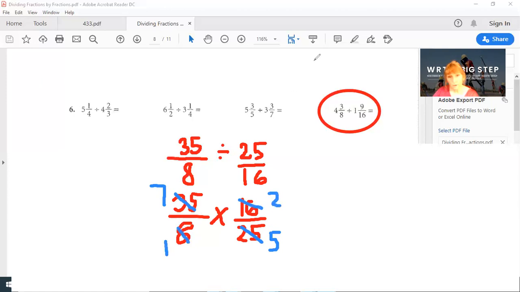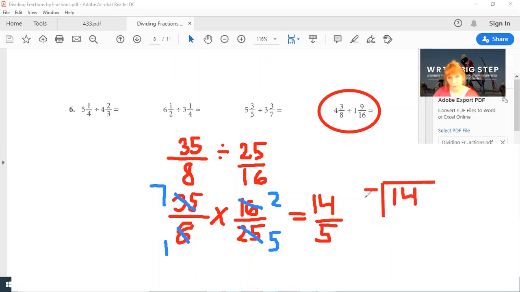So now I multiply across the top, and I get 7 times 2, 14, and I get the bottom of 1 times 5, or 5. Improper fraction, I have to use division to make it a mixed number. So I'm going to put that there. What number goes on the inside? 14. What number goes on the outside? 5.